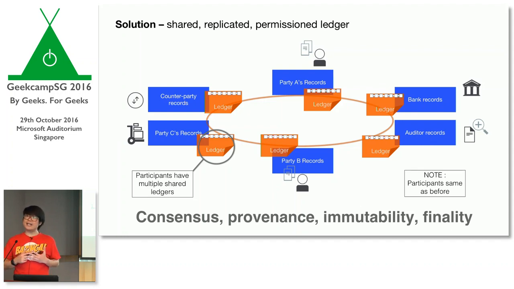But not only that. You can only see particular hashes or particular entries in the ledger. That means the permission is built into the system, so that you can see only what you are allowed to see.